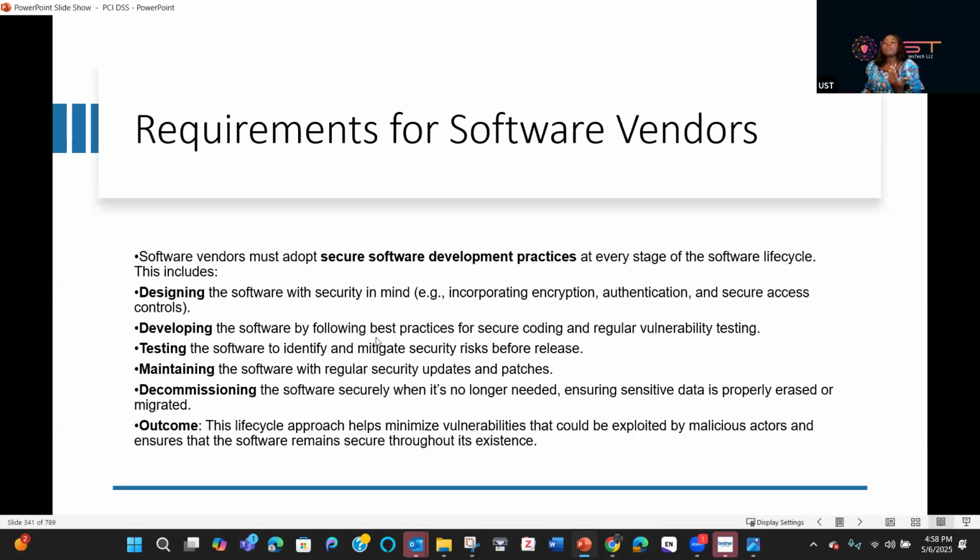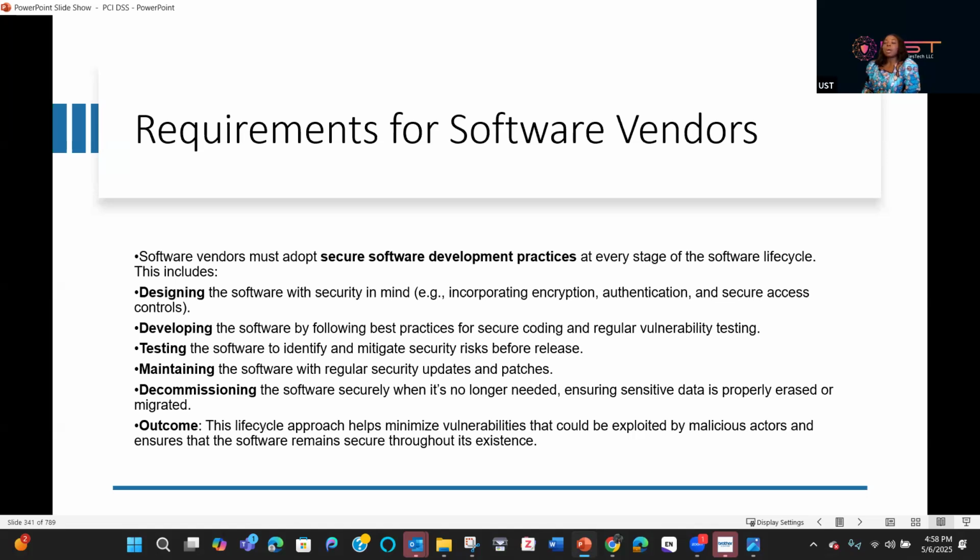Developing the software by following best practices for secure coding and regular vulnerability testing. Testing the software to identify and mitigate security risks before release. Maintaining the software with regular security updates and patches. Decommissioning the software securely when it's no longer needed.